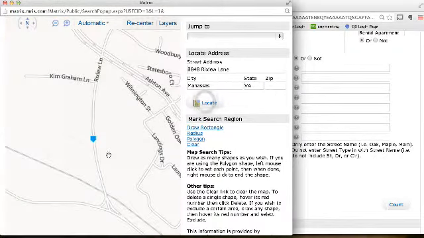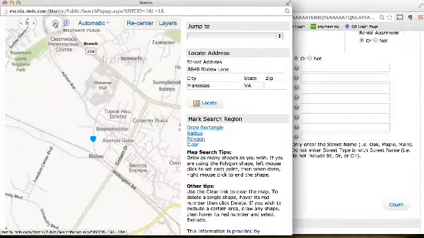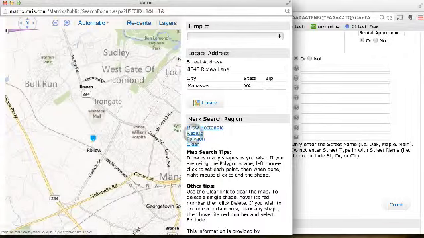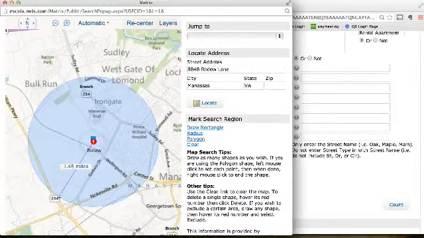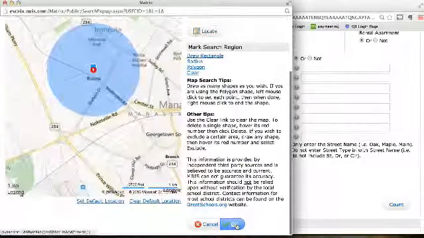I want all the homes that are very close to this, so I'm going to scan out. Now I can actually do a radius around this block. I typically only stay in a mile radius, so that's good. I'm going to hit OK.